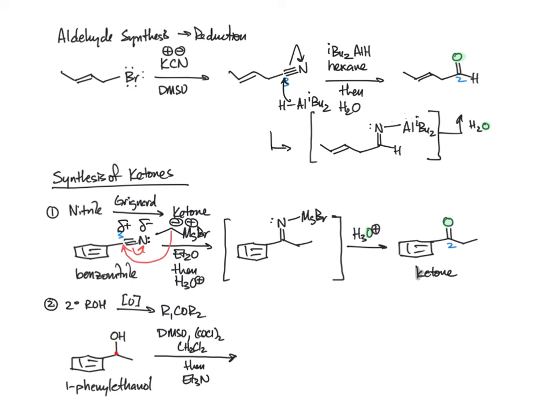The carbon bearing the alcohol, we count 1, 2, that's a secondary alcohol. We're at an oxidation state of 1, so we're going from 1 to 2, because these are both carbon. When this goes up an oxidation state, it's a carbonyl, and it ends up being a ketone. So this molecule is called, by its common name, acetophenone.